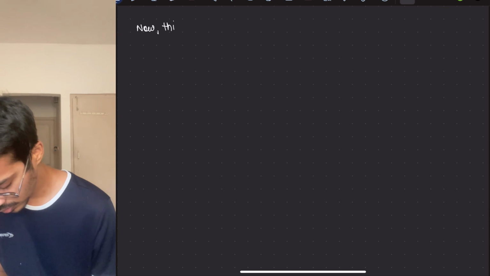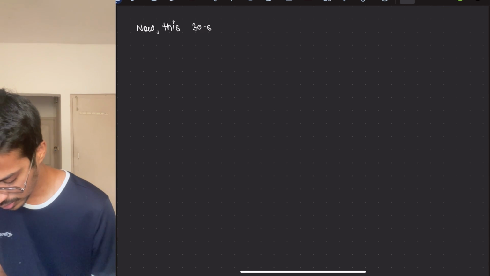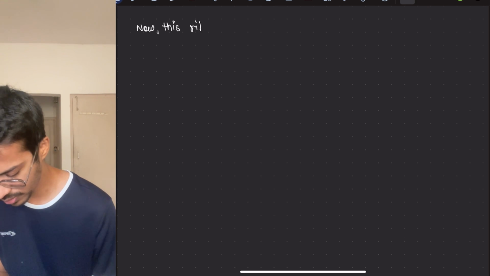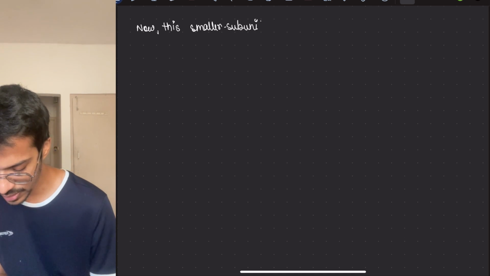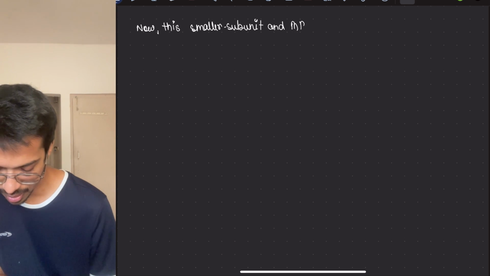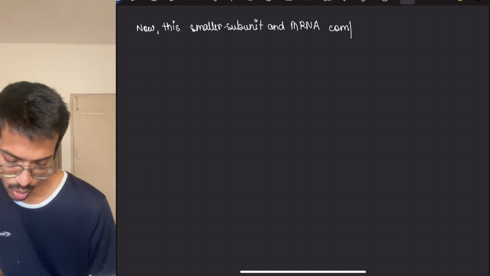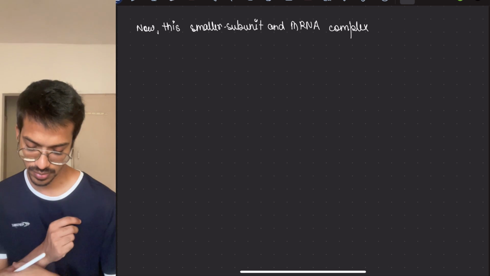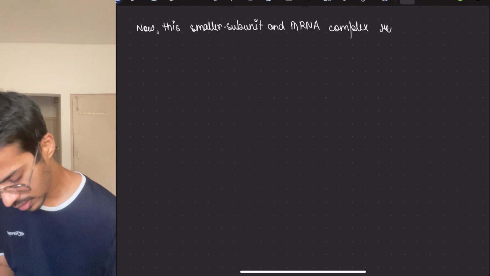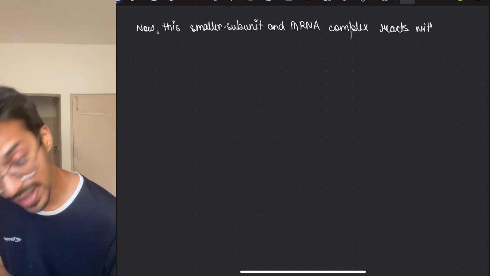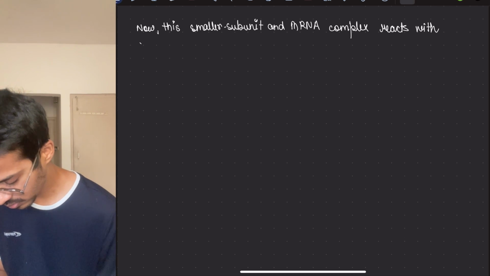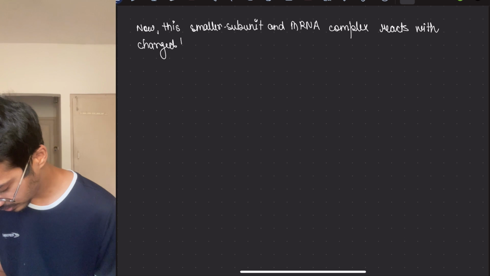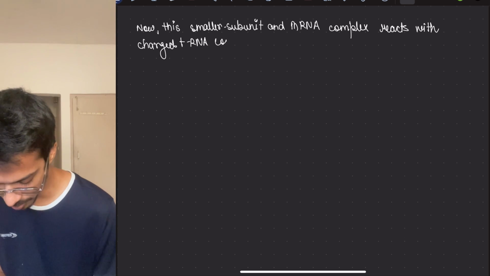Now this smaller subunit and mRNA complex reacts with charged tRNA complex.